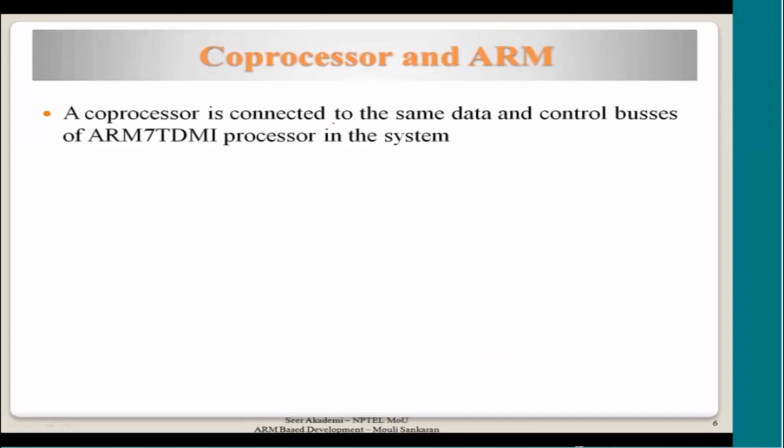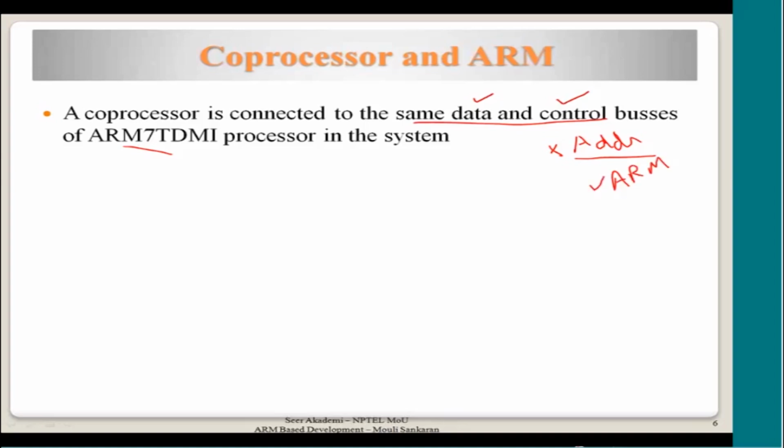So a coprocessor is connected to the same data and control buses of ARM. Please remember it is connected to the data and control buses and not to the address bus. That is very, very important. The address bus is not connected to the coprocessor. Why? Address generation and instruction fetching are handled by ARM.